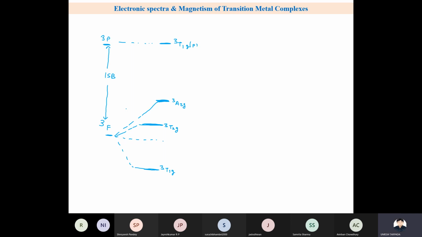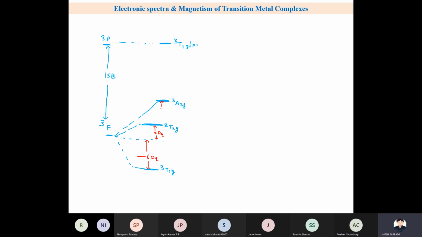So what happens here? This is the way which you can have a splitting. So in a weak field crystal field splitting, what is this value from Berry center? It is 6 dq. This value is minus 6 dq. This value is 2 dq from the Berry center, and this value from Berry center is 12 dq.